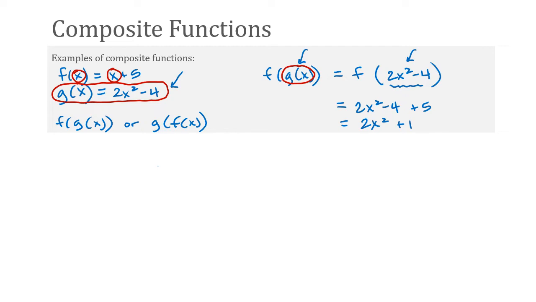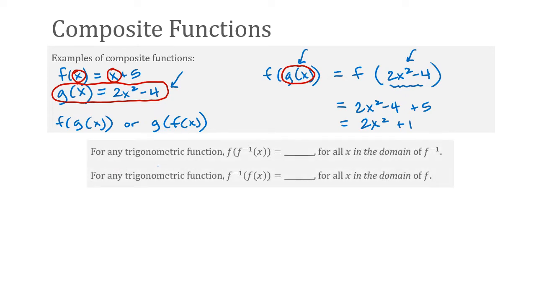But you may remember that if you take the composite of a function and its inverse, regardless of which way you go, if you do a function composed with its inverse or you do an inverse composed with the function, it always equals one thing. And that one thing is the same for trigonometric functions.